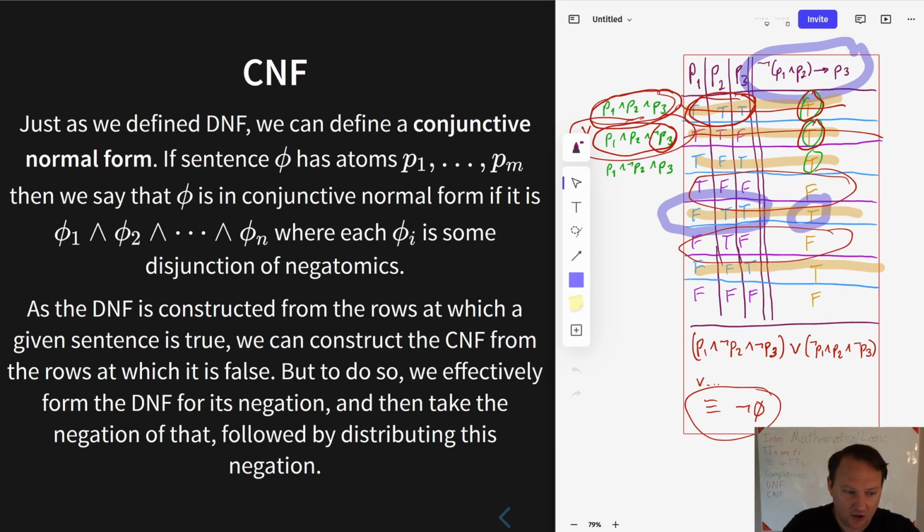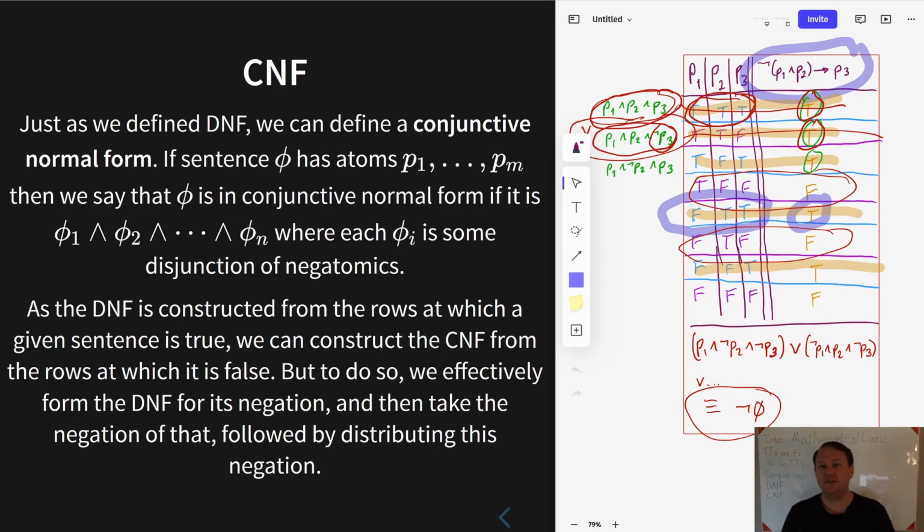So the idea here is that we take the negation of this disjunctive normal form. You push that negation through the disjunction, using your distribution laws, and then push that negation over the underlying conjunction. And then maybe cancel double negations on the negatomics to get negatomics.